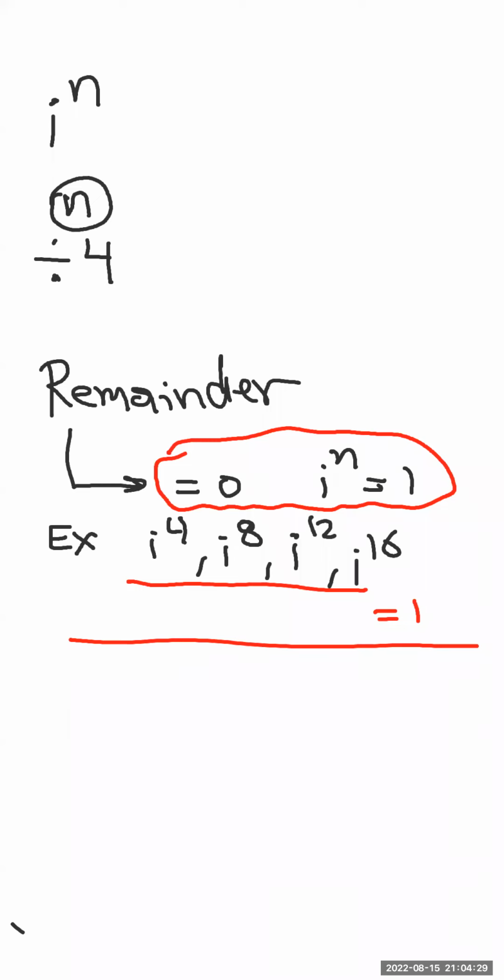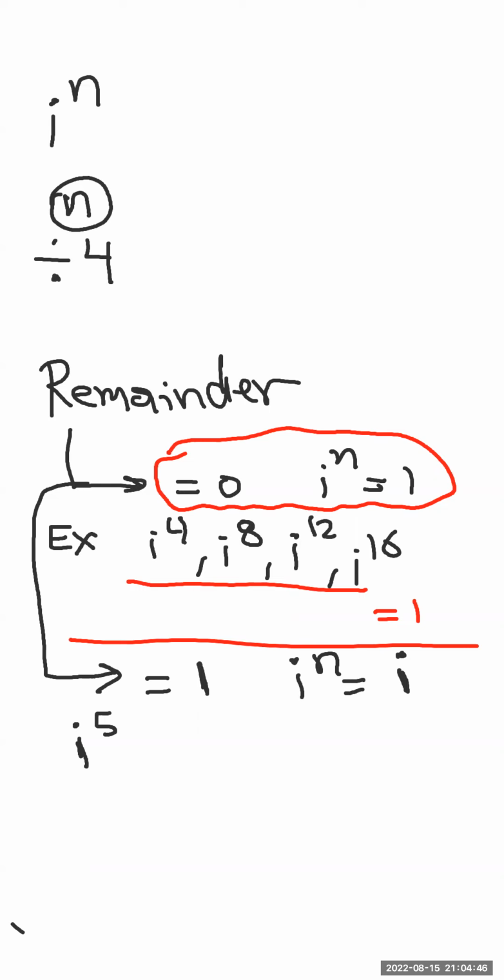If the remainder is not 0, if it equals 1, this means i to the power n will equal i. For example, i to the power 5.